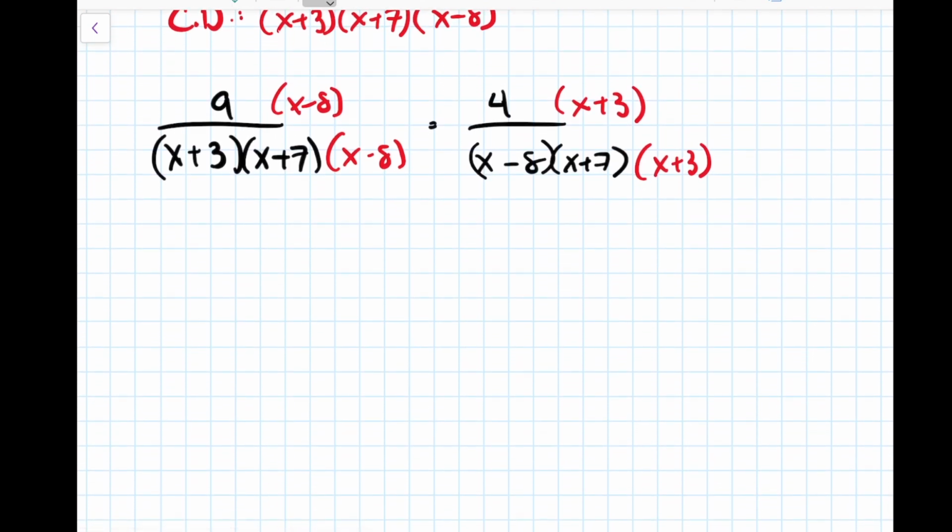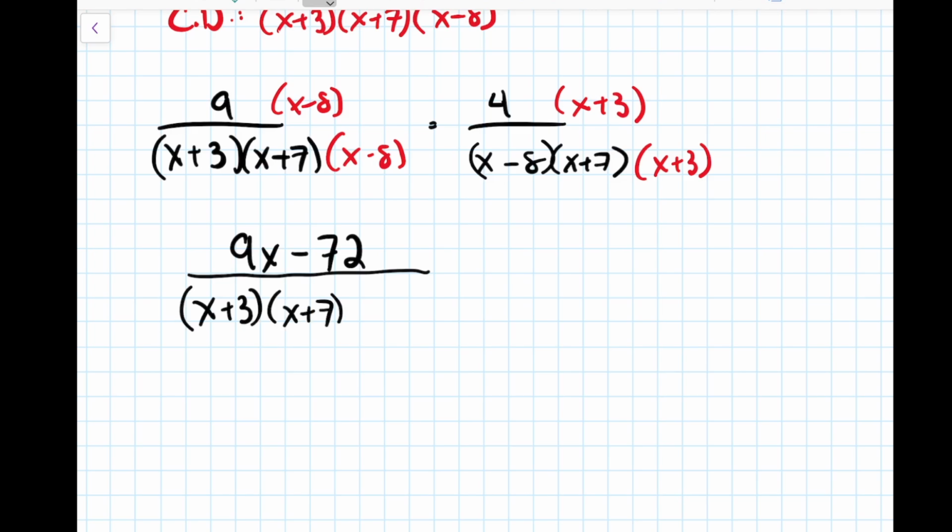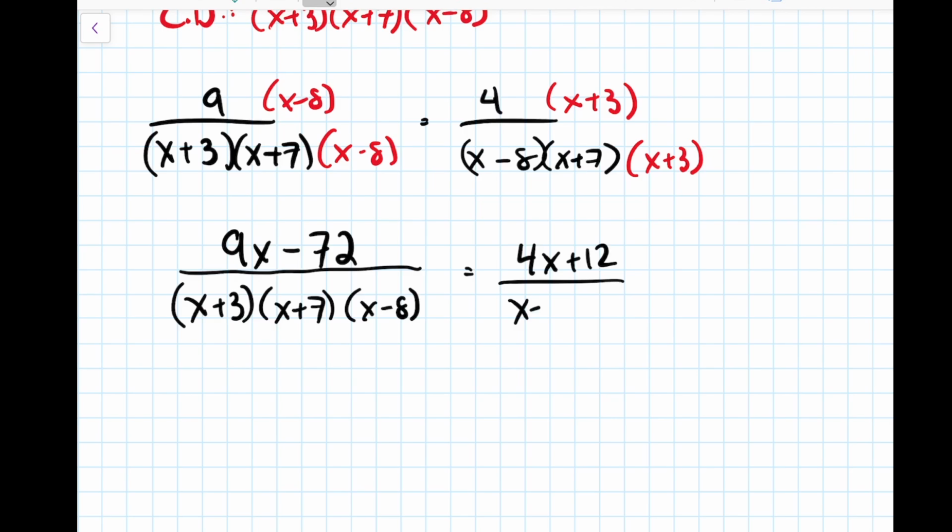If we distribute this, we end up with 9x minus 72 on the left over that common denominator. And then on the right, we've got 4x plus 12 and the same common denominator.